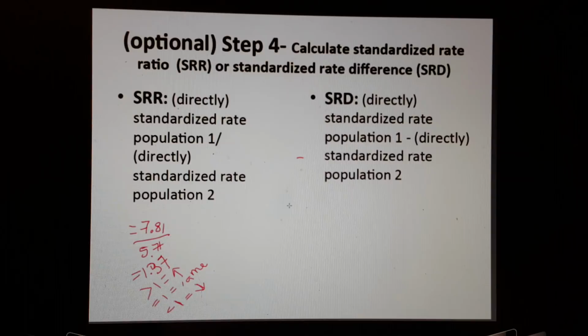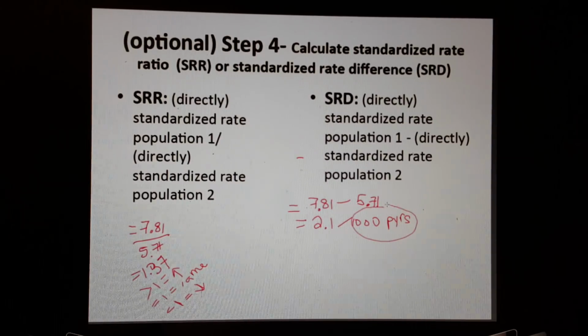For the standardized rate difference, all you're going to take is the standardized rate in population 1, so that's 7.8 for Ecuador, subtracted by the directly standardized rate in population 2, which is 5.71 for Sweden, which equals 2.1. Remember, because you're subtracting, you need to have that scaling factor there.